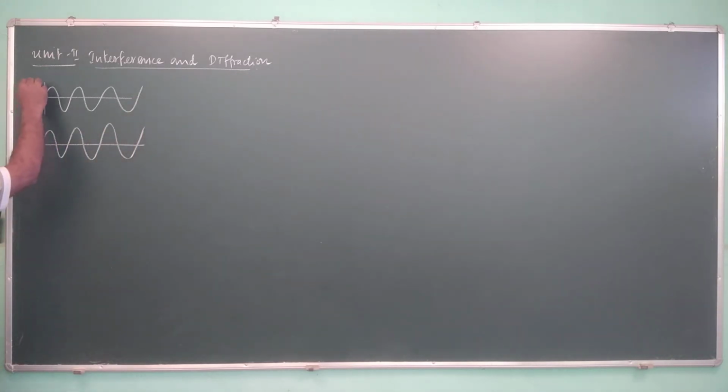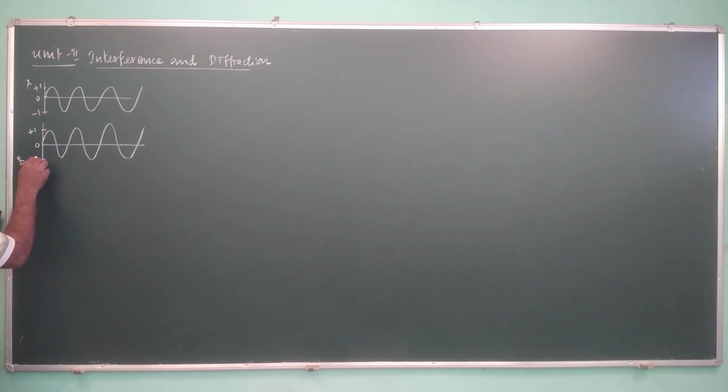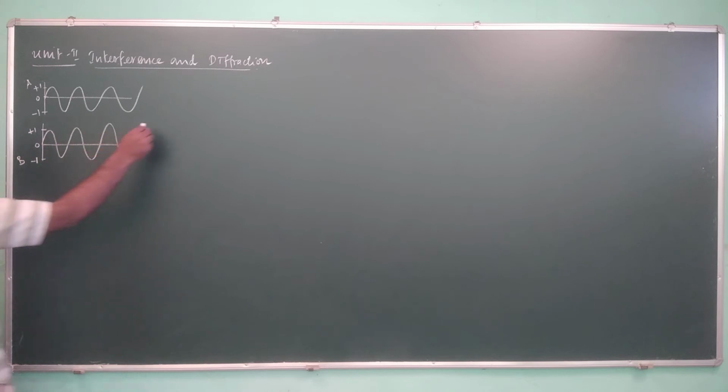So let's say this is wave A, this is wave B, and this axis is the 0 axis. The maximum amplitude, let's say, is +1, and the lower maximum is -1. We have considered two identical waves. If these two waves interact, what will happen?